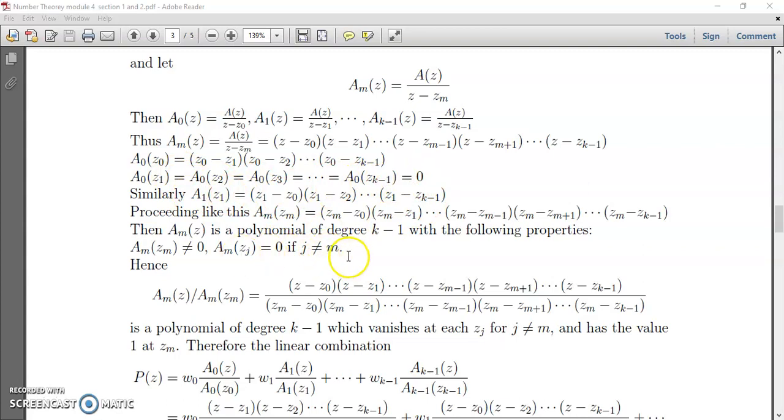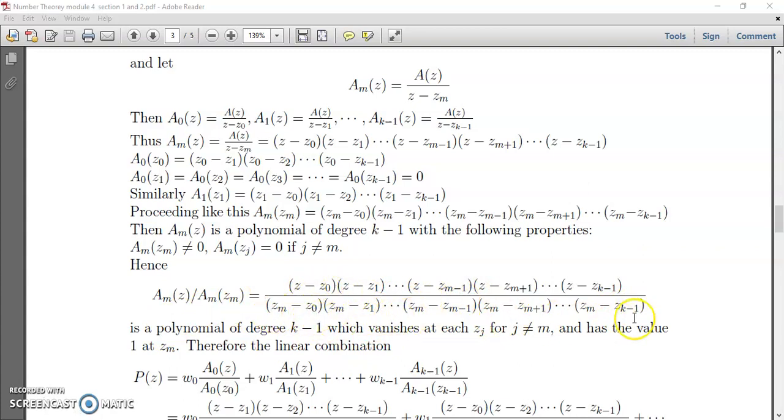Thus, if we write a_m of z by a_m of z_m, we can see that this is nothing but z minus z0 times z minus z1, etc., z minus z_{m-1}, z minus z_{m+1}, etc., z minus z_{k-1}, divided by z_m minus z0, z_m minus z1, etc., z_m minus z_{m-1}, z_m minus z_{m+1}, etc., z_m minus z_{k-1}, which is a polynomial of degree k minus 1, because these terms are known.